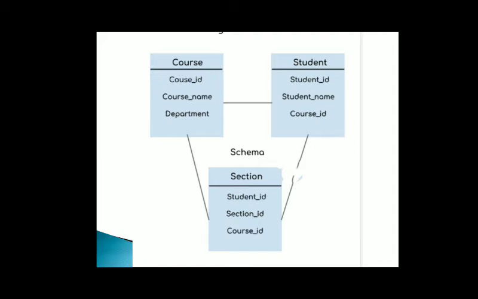And last, the section entity contains section ID, student ID, and course ID. The diagram shows only the design of the database. It doesn't show the data present in these tables.